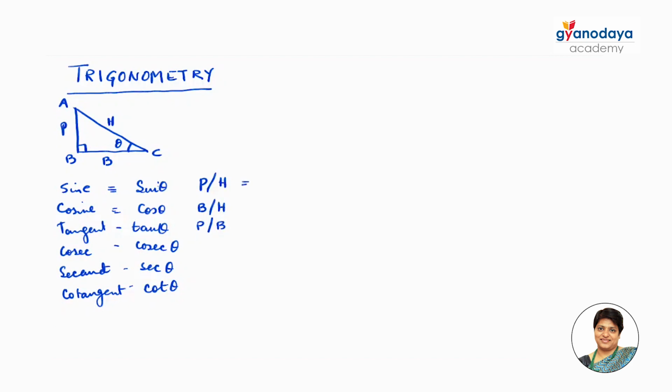So sine theta is perpendicular AB over hypotenuse AC, cos theta is base BC over AC, and tan theta is perpendicular over base, which becomes AB over BC, right? Cosecant theta is 1 by sine theta, so it becomes hypotenuse over perpendicular, which is AC over AB.